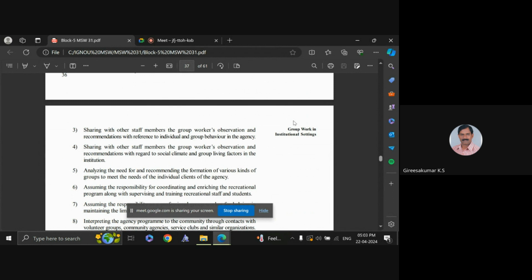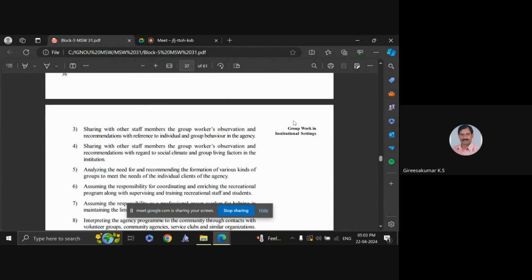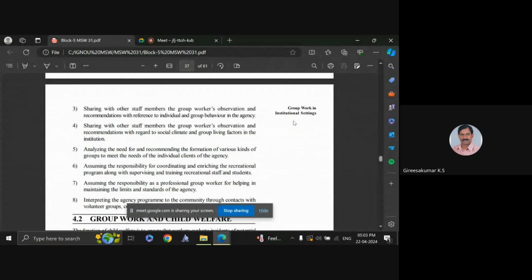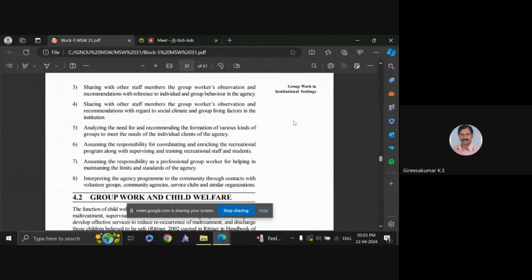Then analyzing the need for and recommending the formation of various kinds of groups. Then assuming responsibility as a professional group worker, maintaining the limits and standards.